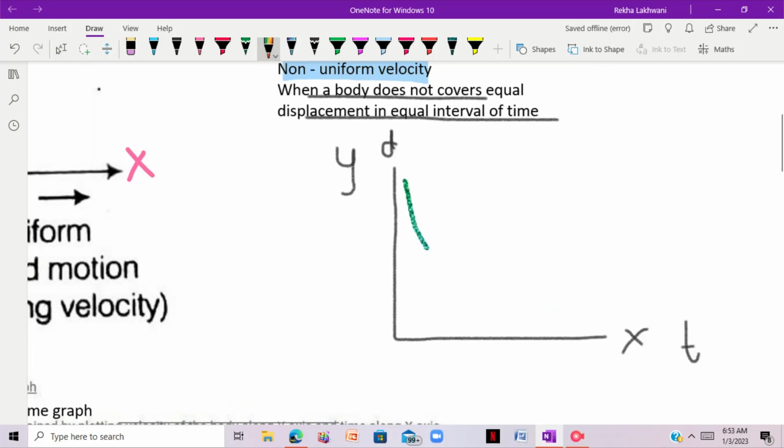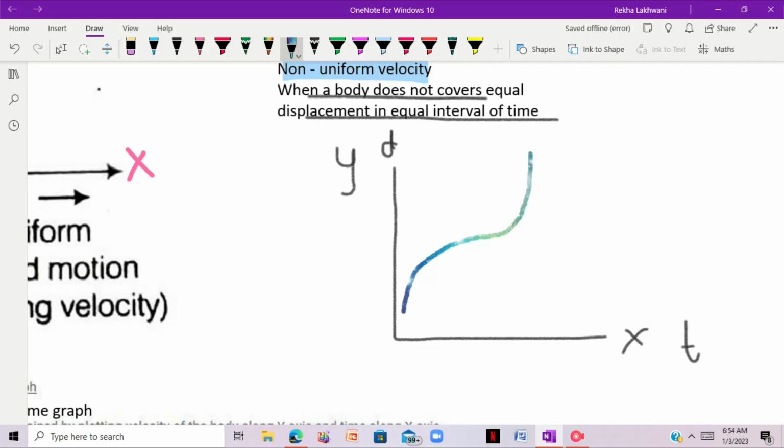Velocity at an instant point. For example, you are driving a car and I call you and ask, hey, you are going somewhere, so what's your velocity? The velocity that you will tell me at that point, at that instant, is known as instantaneous velocity, right? So velocity at an instant point is known as instantaneous velocity.